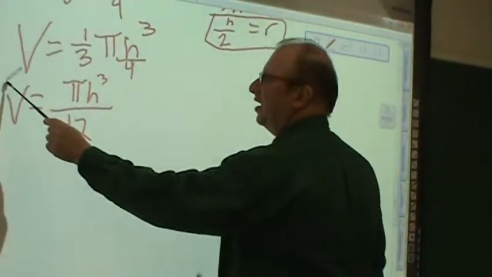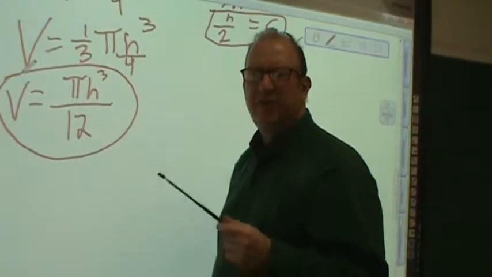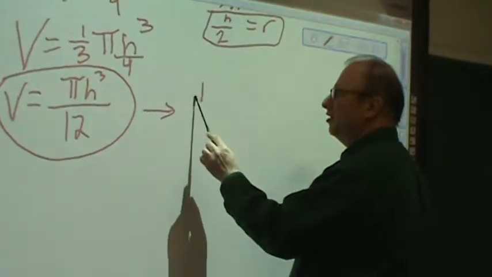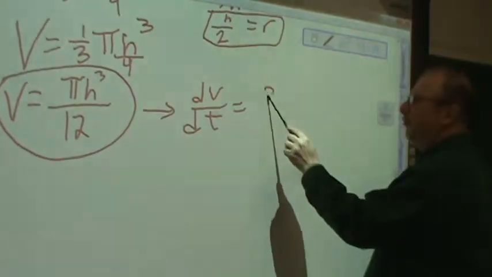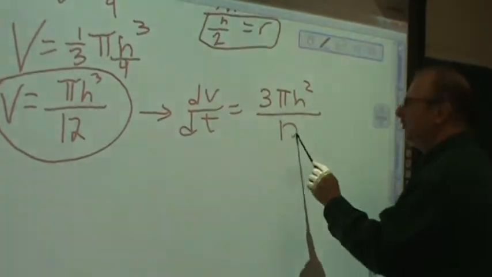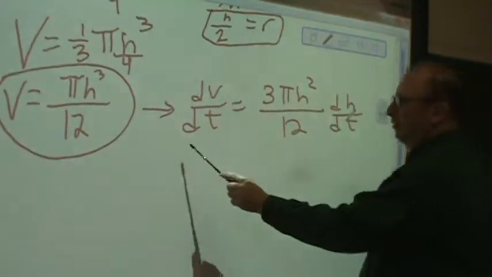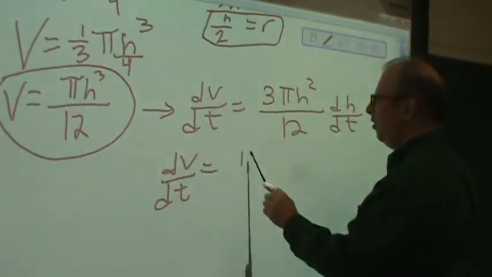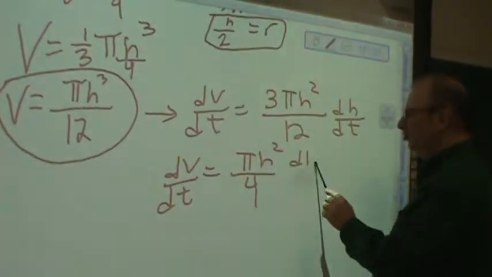Let's look at what they're asking now. Using this, can I see how fast the volume is changing? Sure I can. If I differentiate, dV/dt is equal to 3 pi h squared over 12 dH/dt, so dV/dt is equal to pi h squared over 4 dH/dt.